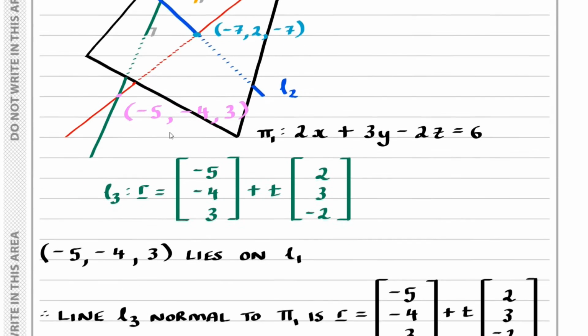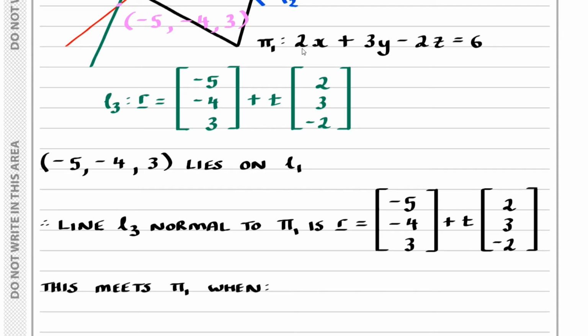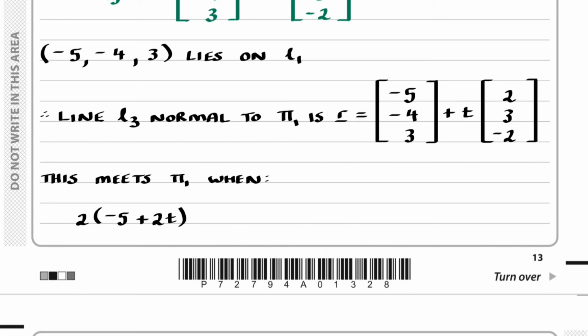We can find out what this point is by substituting the x, y and z into the plane pi1. So we have 2 multiplied by x, where x here is -5 + 2t. Then we have plus 3y, so we add on 3 multiplied by (-4 + 3t).